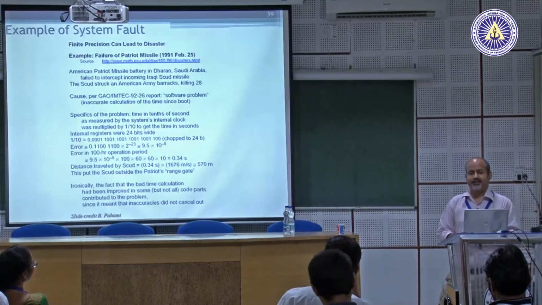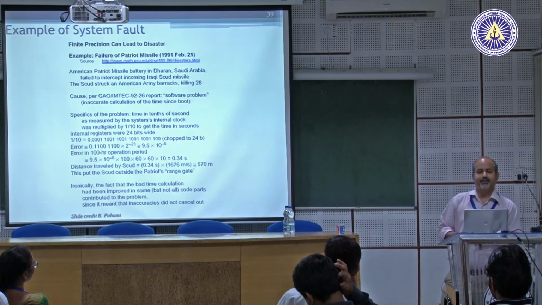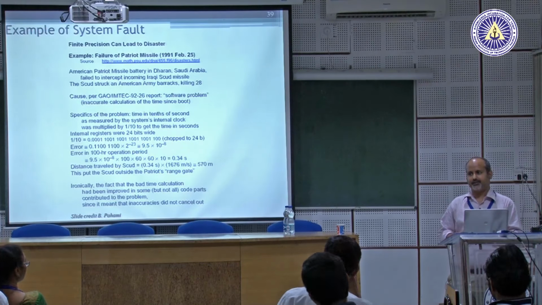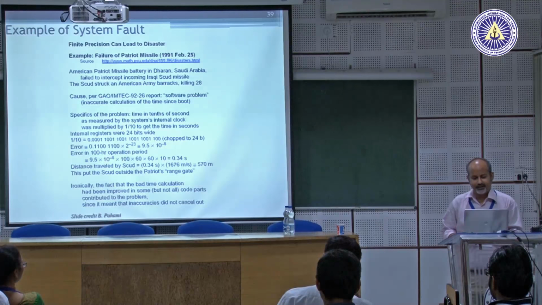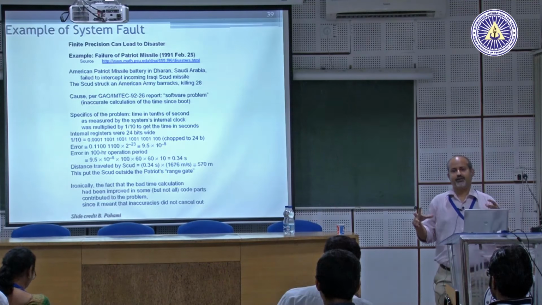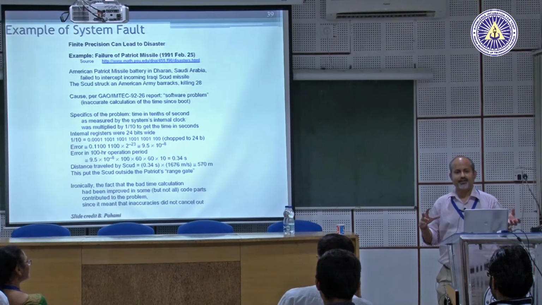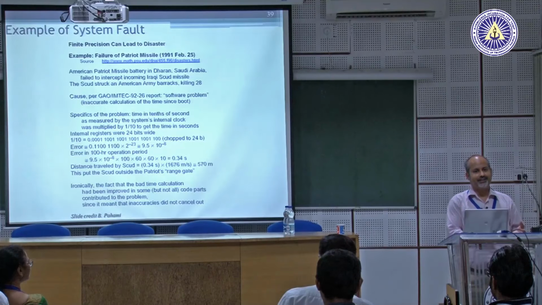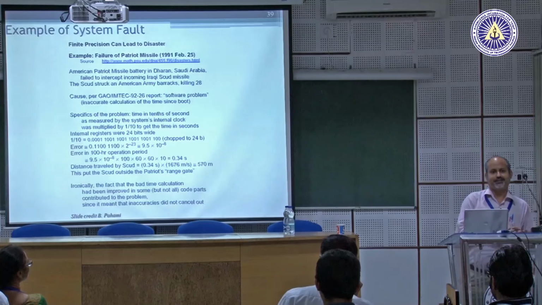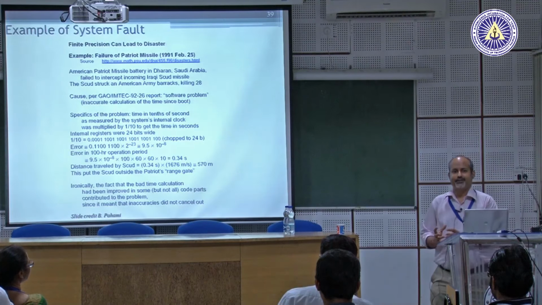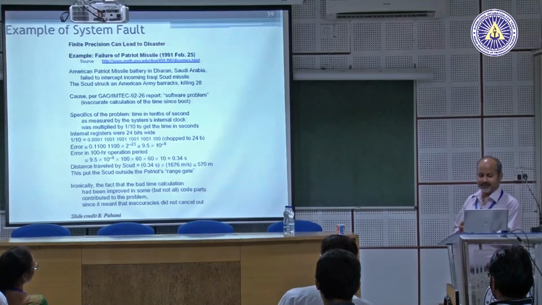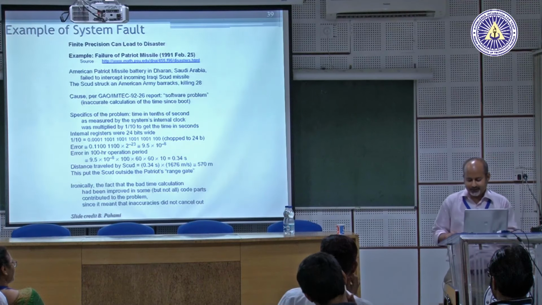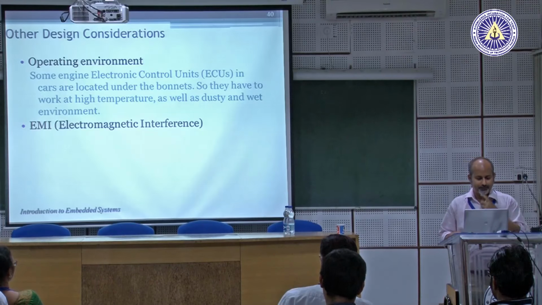This is just an arithmetic error that happened in the system, and there are many such examples. In one case, a system was designed by two engineers. One engineer thought the measurement was in pounds and feet, and the other used the metric system. When they interfaced the system, it didn't work, and it destroyed something. So this kind of thing can happen in an embedded system.